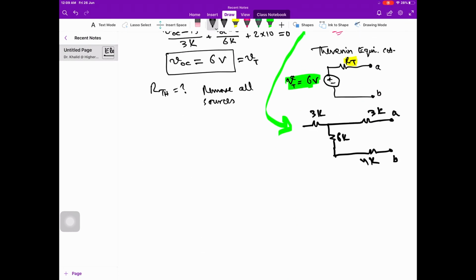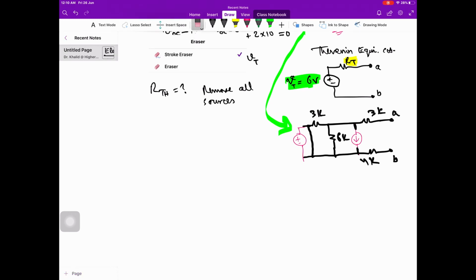What I have done over here, there was a voltage source and a current source in the original circuit. In order to remove this voltage source, I will short circuit this. To remove this current source, I will open circuit this.